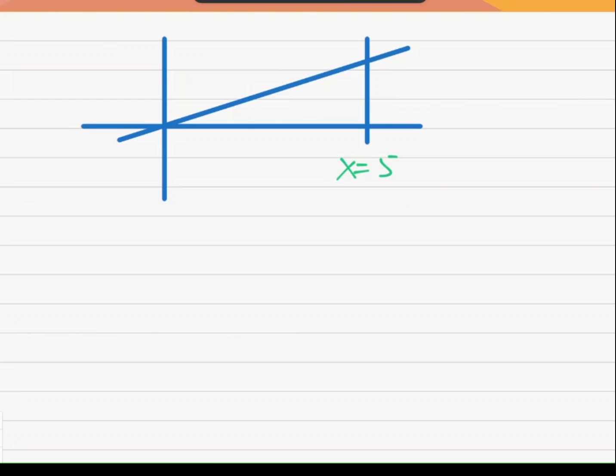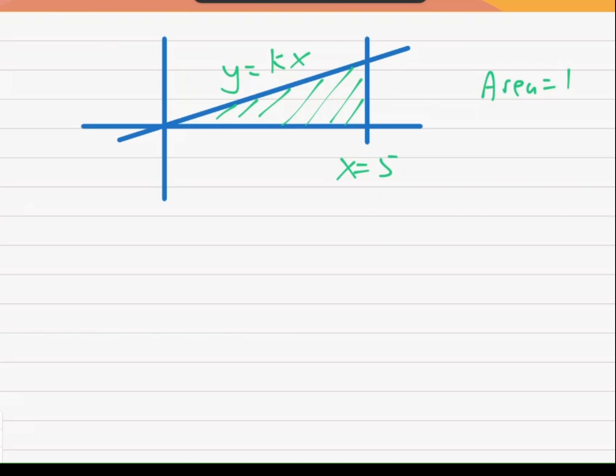Okay, and the idea, we have this function y equals kx. The idea is we want to choose this k so that the area under this curve between 0 and 5, we want that area to be equal to 1.